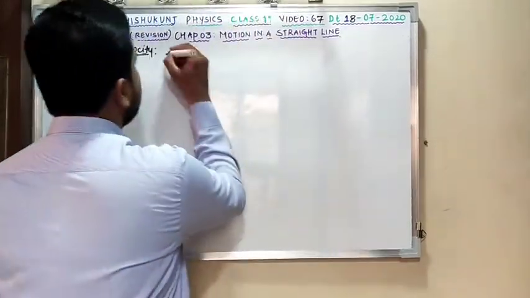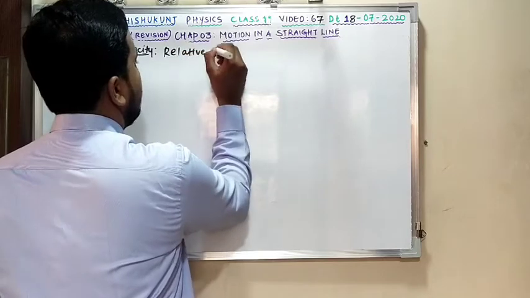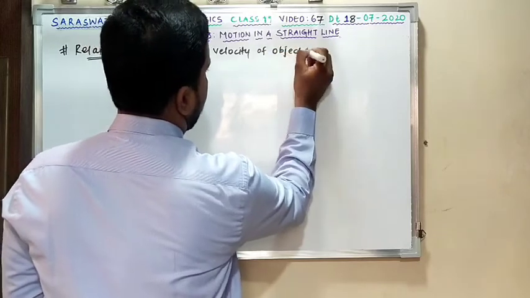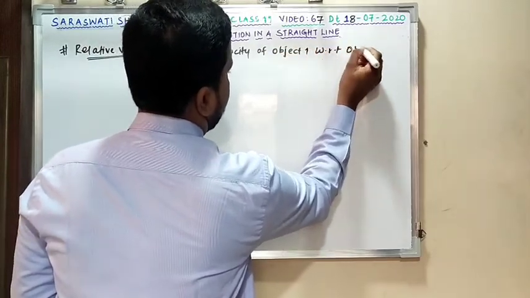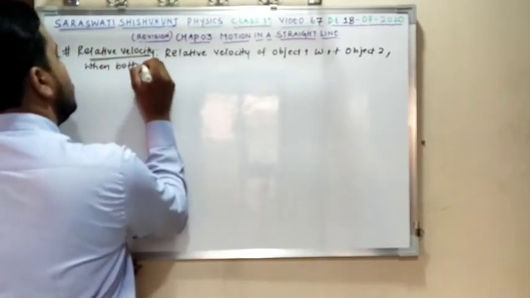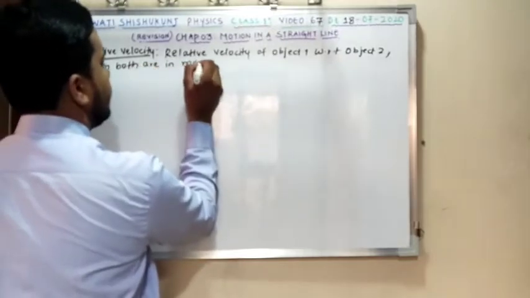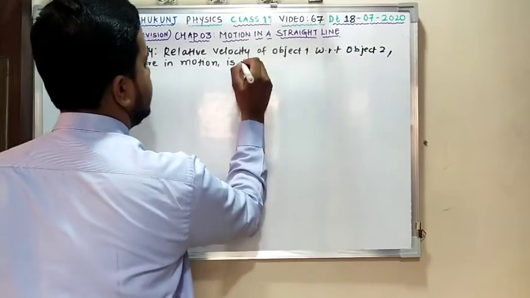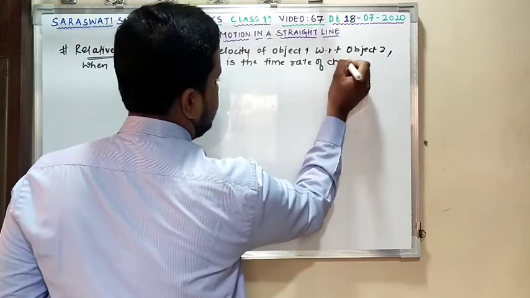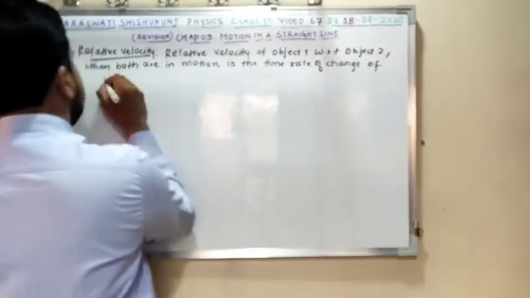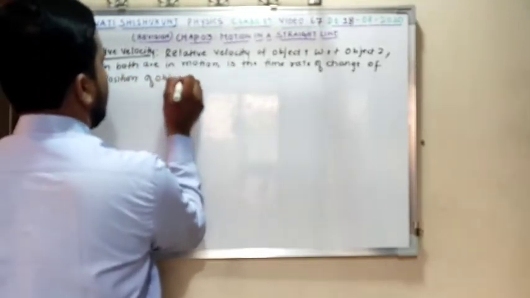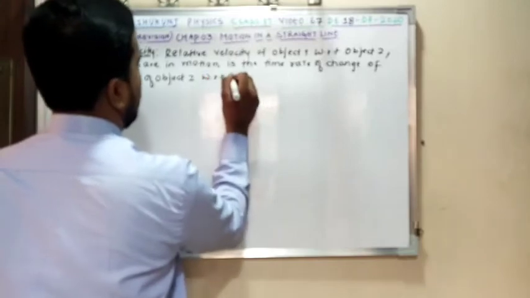So I can write the definition of relative velocity. Relative velocity of object 1 with respect to object 2, when both are in motion, is the time rate of change of position of object 2 with respect to object 1.